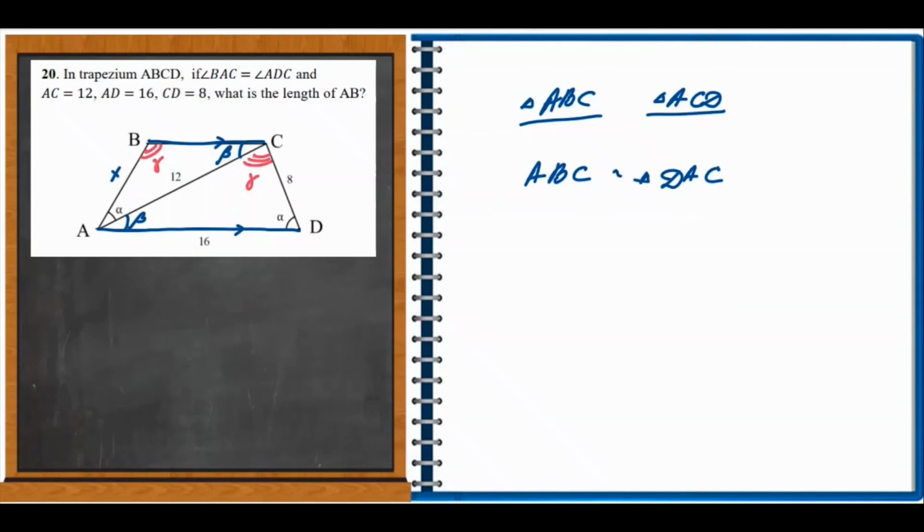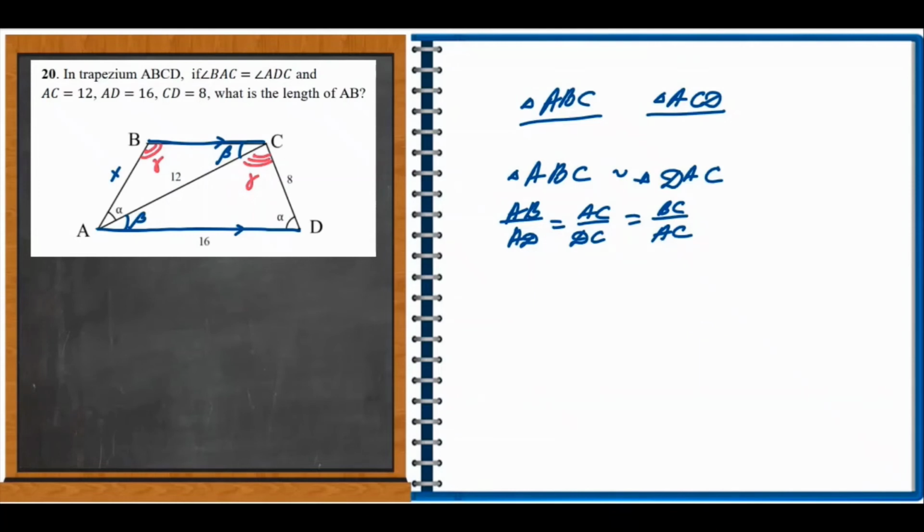After showing their similarity, we can write the ratio AB to AD is equal to AC over DC is equal to BC over AC. So it's always better to arrange names accordingly. Now we can write the values.